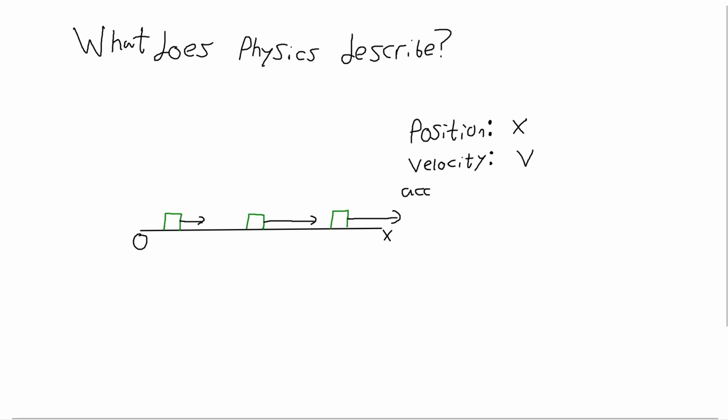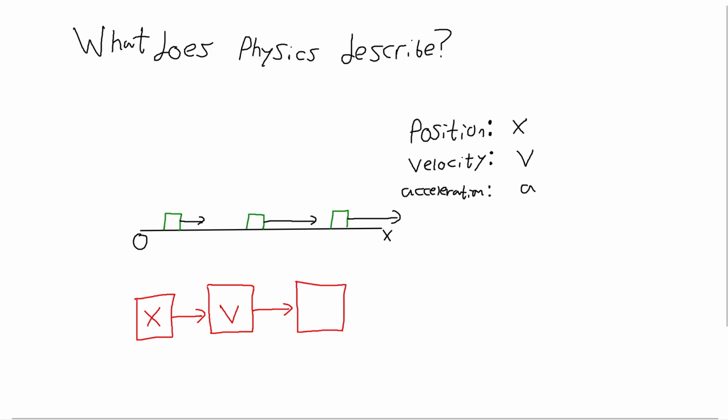This would be the acceleration. So now we have three different properties that can describe an object. We have the position that says where it is. From there you have the velocity, which says how quickly the position is changing. And then you have the acceleration, which says how quickly the velocity is changing.